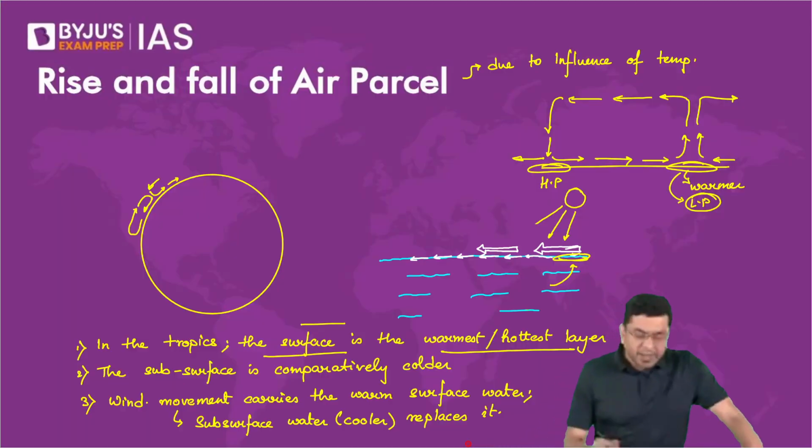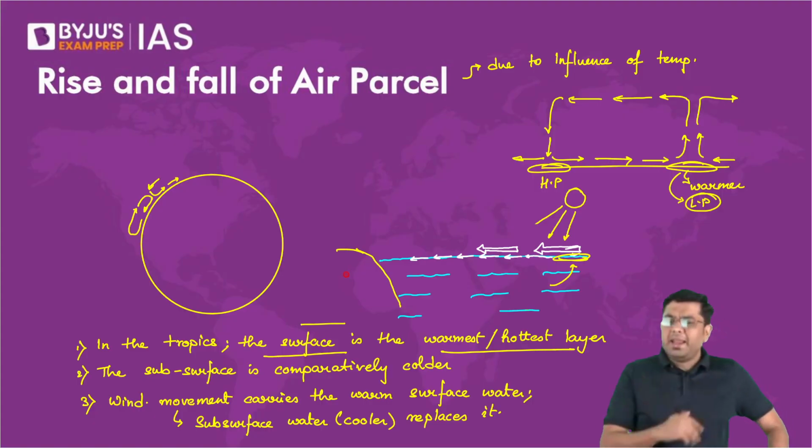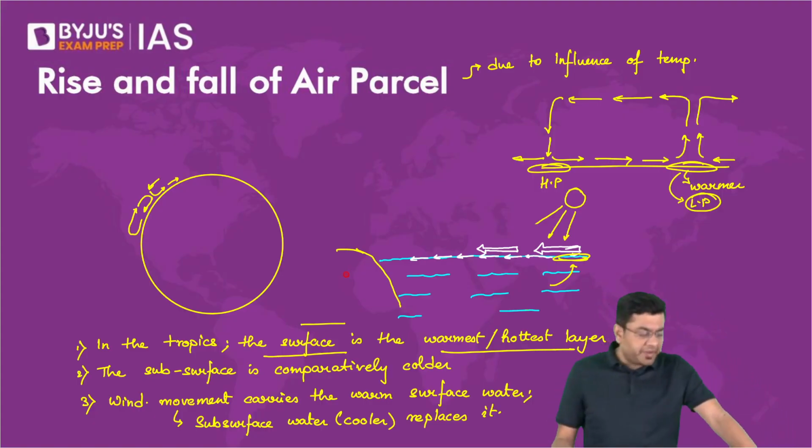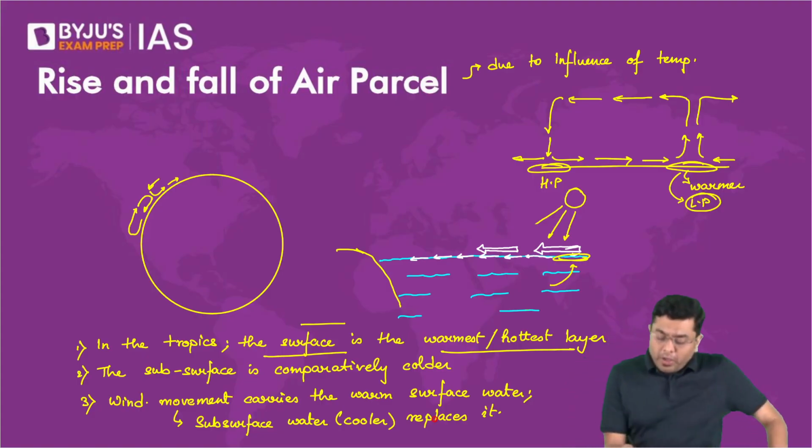Now, let's suppose here I have a landmass or any kind of obstruction which is present. All this warm water will get accumulated here by the wind, and eventually the water has got no place to go.